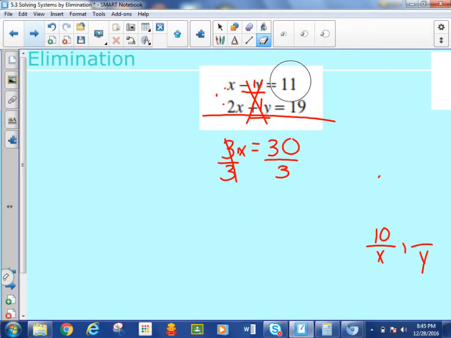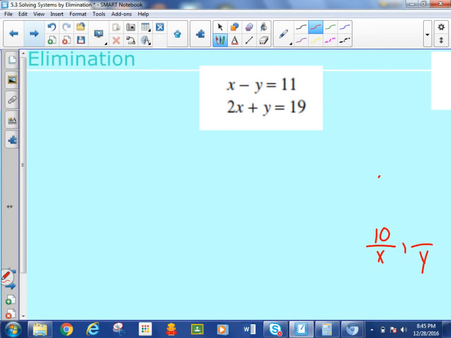Okay, so strategy. I want to substitute in. It does not matter which one I substitute into. My strategy is the least amount of steps. So I'm going to substitute into this equation, and here's why: it's just an x and not a number connected to the x.